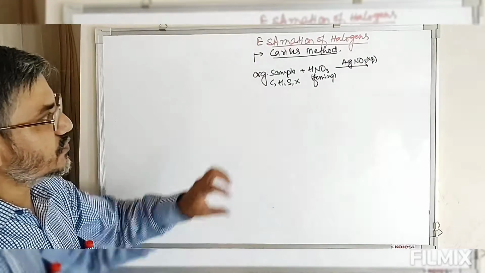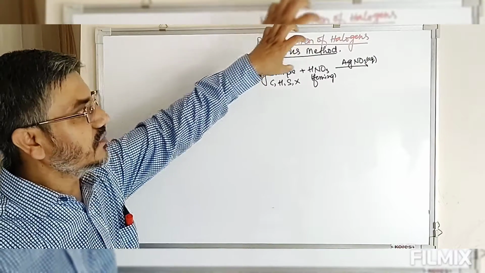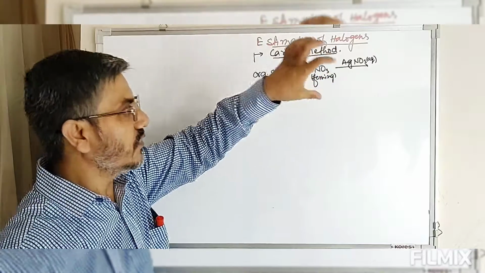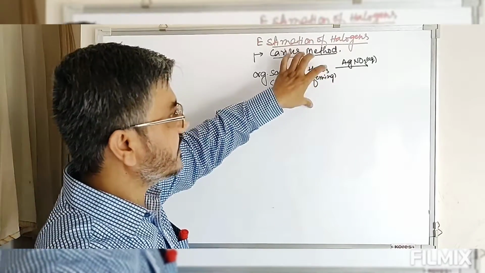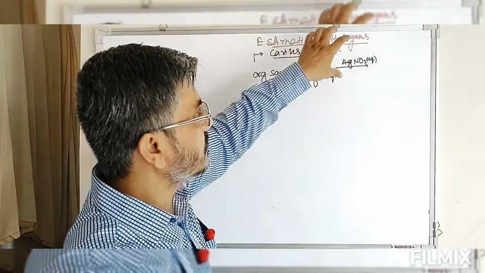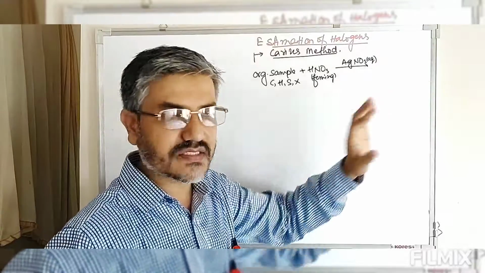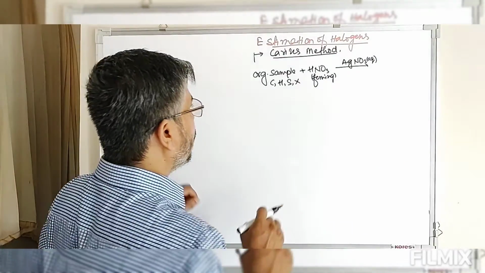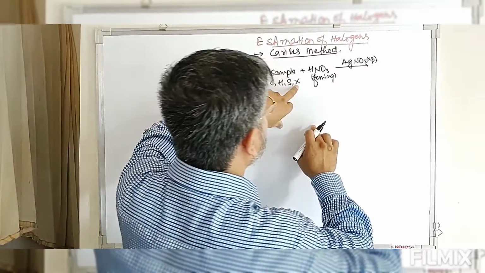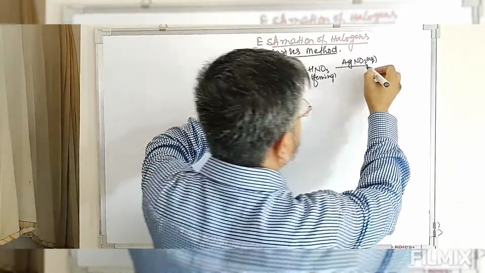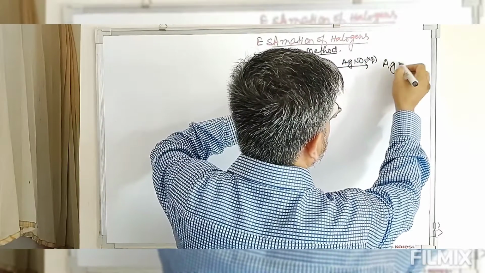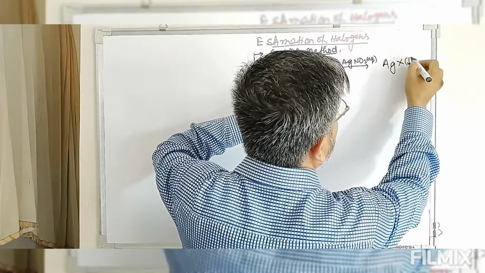That means first we heat this organic sample with fuming nitric acid, then to the solution we add silver nitrate. The halogen present in the organic sample is precipitated as insoluble silver halide.